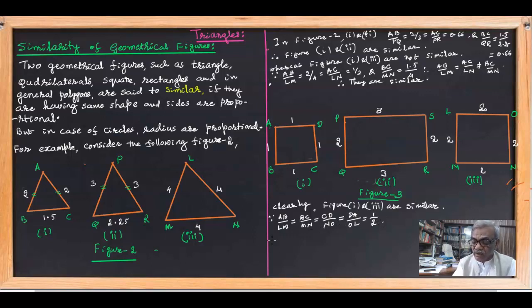So sides are proportional to each other, whereas 1 and 2 are not similar.